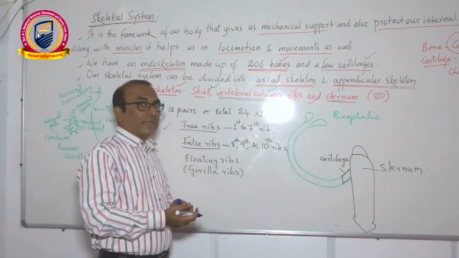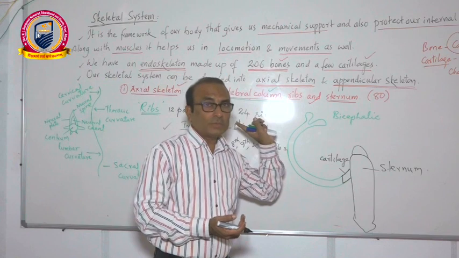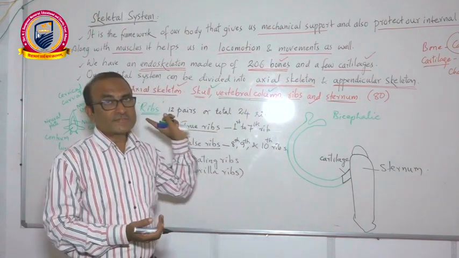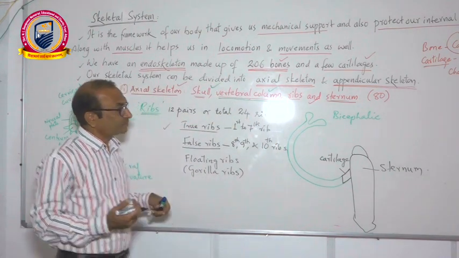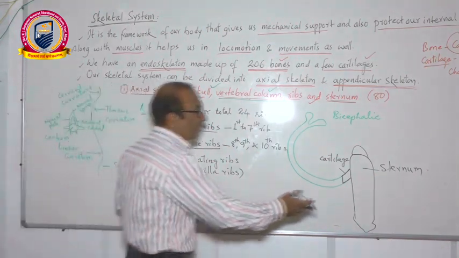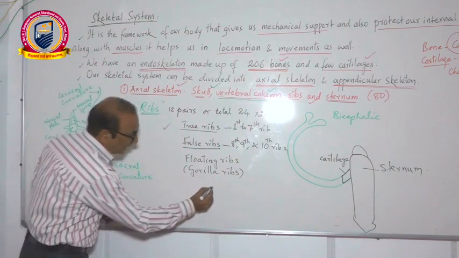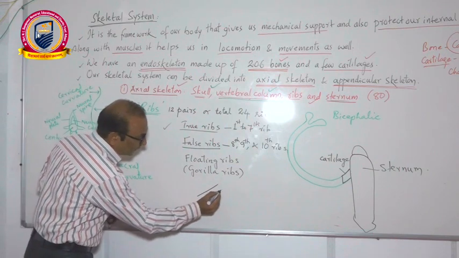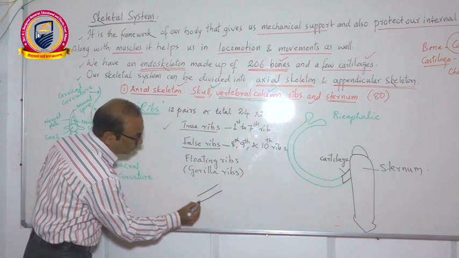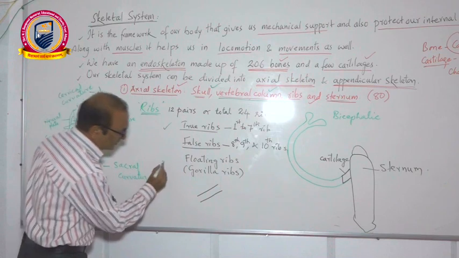because though they articulate with the backbone on the dorsal side, on the ventral side they are not making direct contact with the sternum. Rather, they will be attached to the articulating cartilage of the 7th rib. Suppose this is the 7th rib.